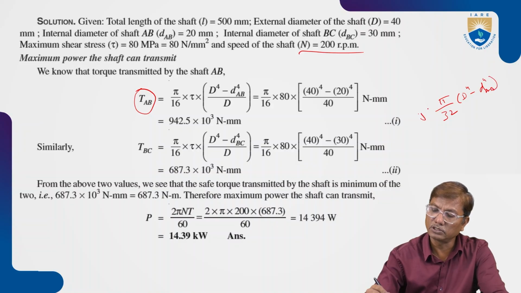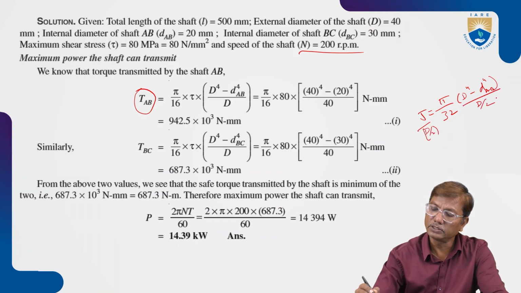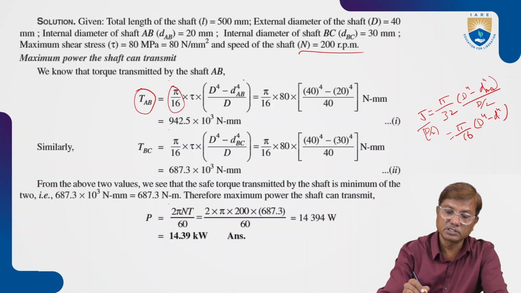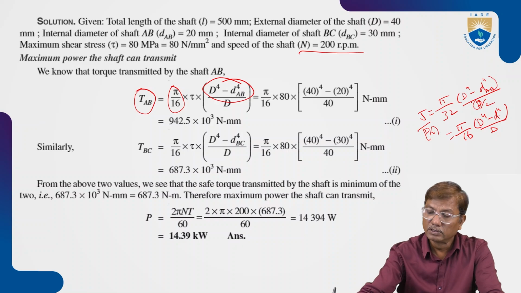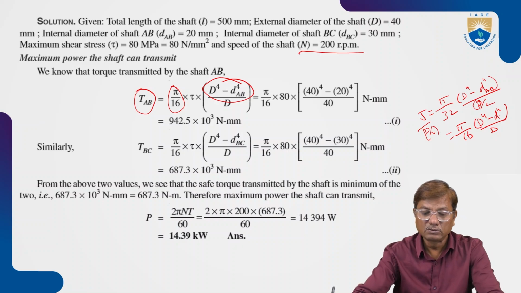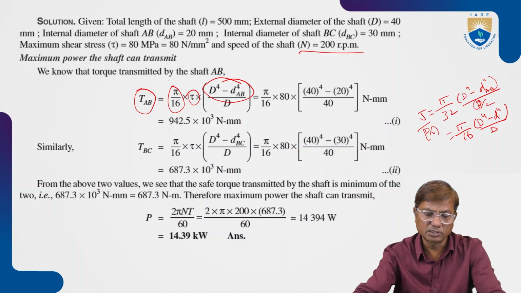This is polar modulus, divided by y maximum, D by 2. So it becomes pi by 16 into D power 4 minus small d power 4, divided by D, into tau. This is from the torsion formula only. From the torsion formula, you will get this.